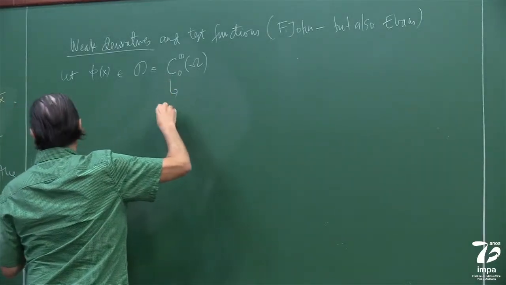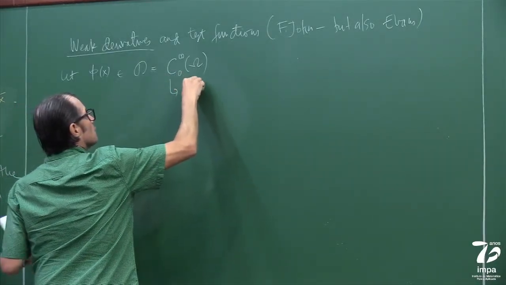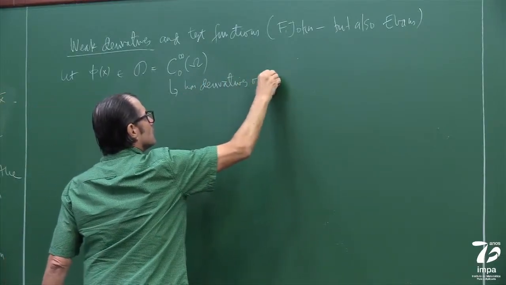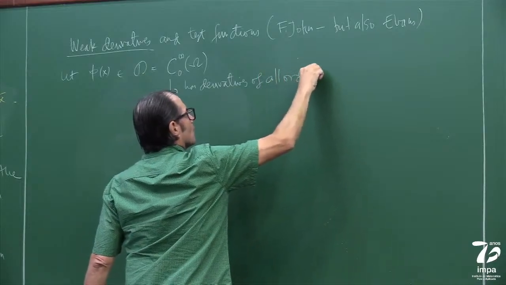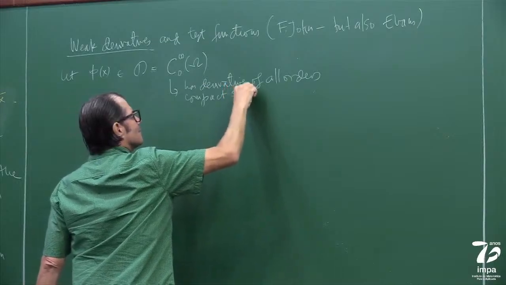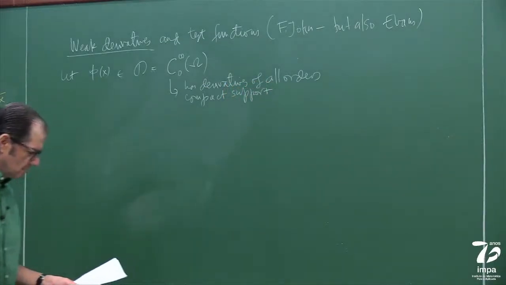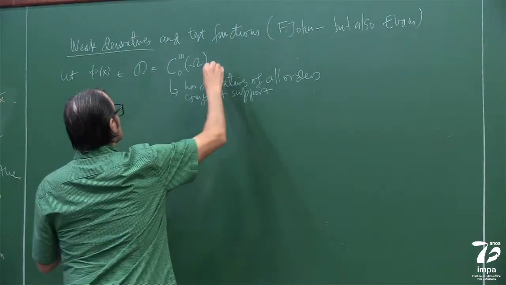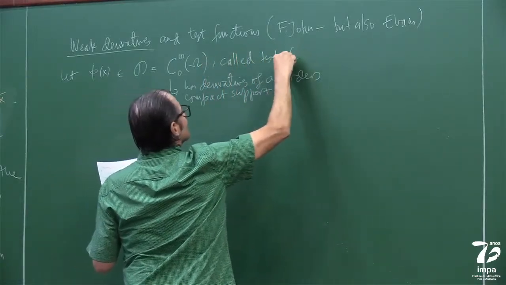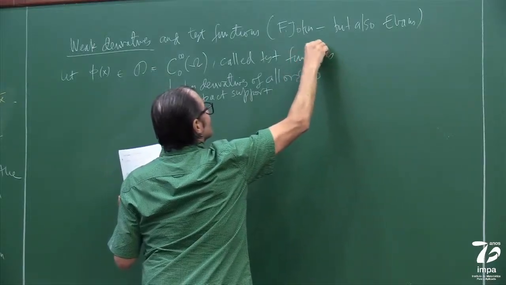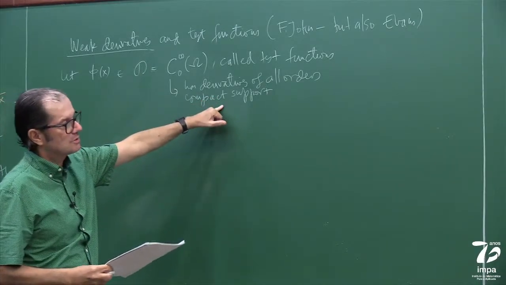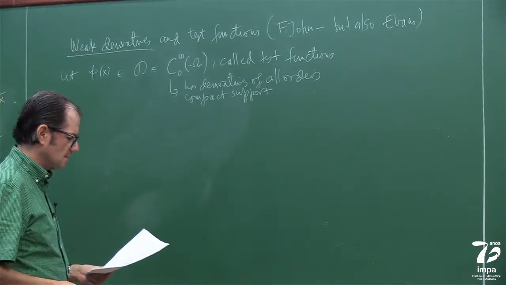This means smooth, with derivatives of all orders, and compact support. These are called our test functions. Basically, compact support means it's zero outside a bounded set.